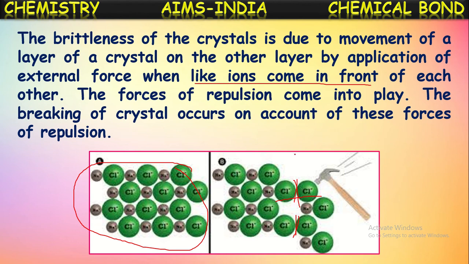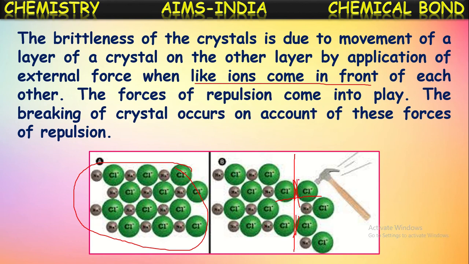Immediately, the hard solid will be broken into pieces, because when certain external force is applied, the pattern of the ions in the ionic compound will be disturbed, and ions of the same charge may come side by side or in front of one another. Then, as they have the same charge, repulsion occurs between them.